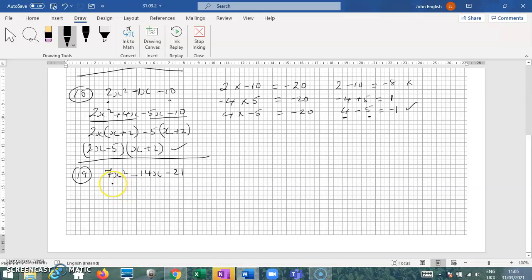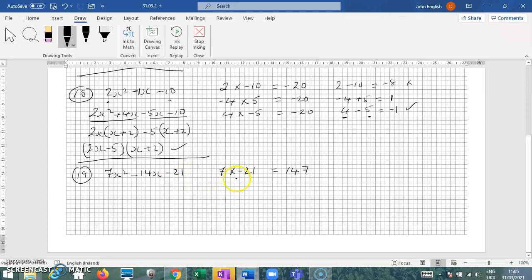Okay, so the first thing I'm going to do here now is I'm going to look at the 7 and the minus 21. So 7 times minus 21 is going to give us minus 147. Okay, and it's going to be a minus because I'm multiplying a positive 7 by a minus 21.